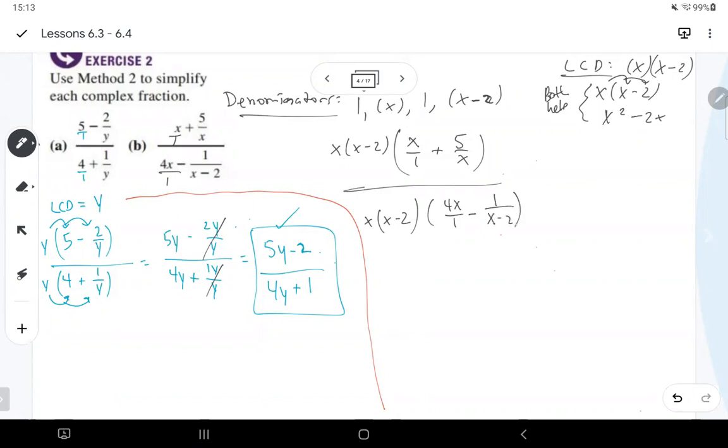Okay, so what we'll do is we'll distribute these in, and we'll eliminate or simplify where needed.